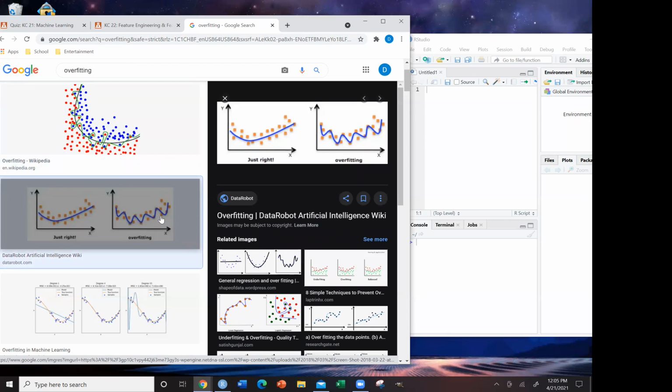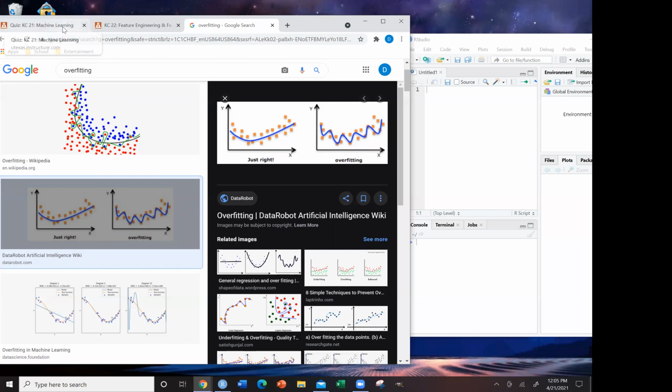You can see that the model is really jagged and it's trying to account for all the little bits of variation. But if you resampled or drew new data, you probably wouldn't fit the overfitted model. This overfitted model is fitting just this set of data. What you want is a model that will fit multiple resampled versions of that set of data. Cool. So it is a real concern.